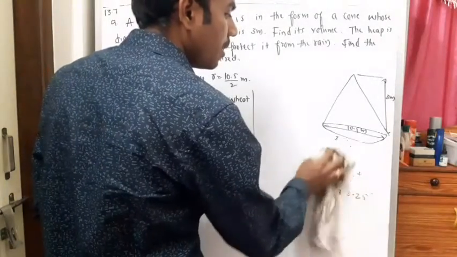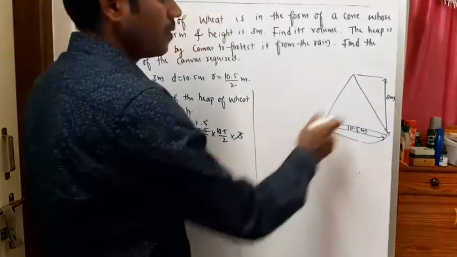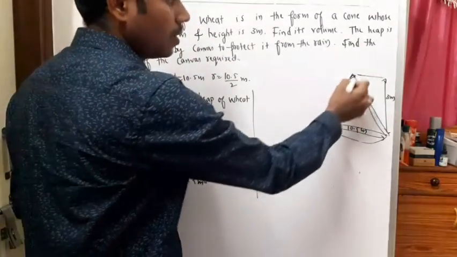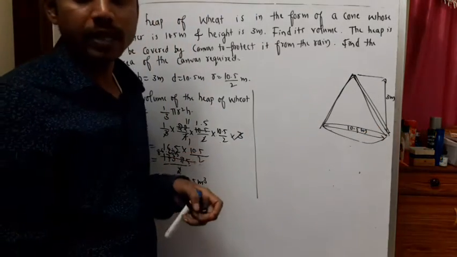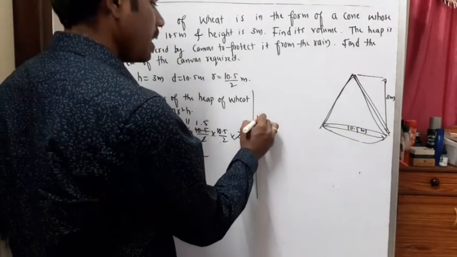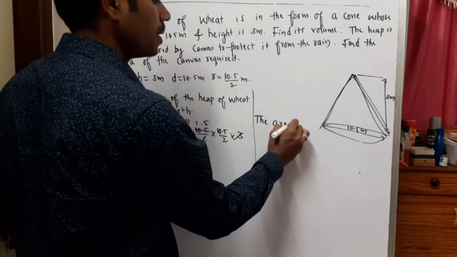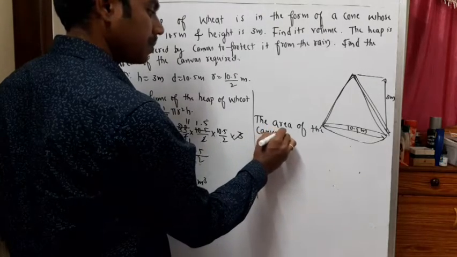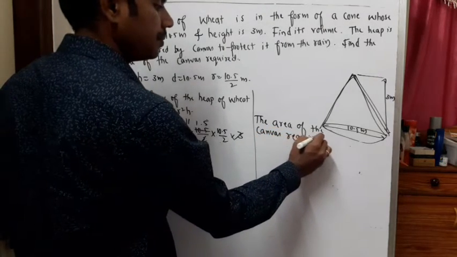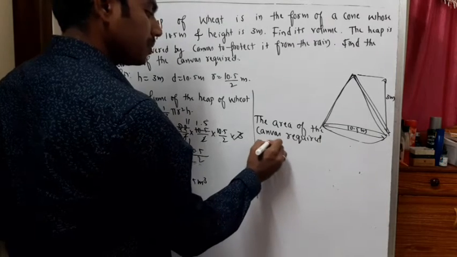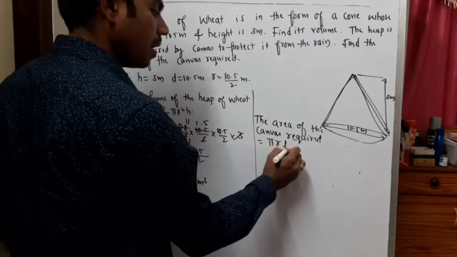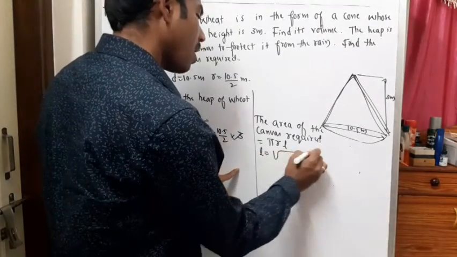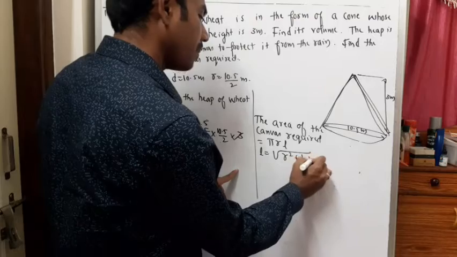So what is the area of the canvas required? We need to cover this particular area. We need not cover the base. We need to cover this particular area, that will be equal to the curved surface area of the cone. So the area of the canvas required is equal to pi r L. L is equal to square root of r square plus h square.